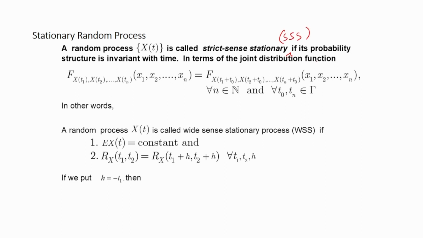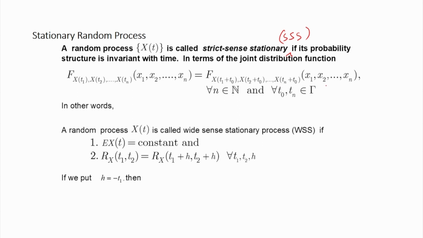If its probability structure is invariant with time. In terms of joint CDF, we can write the joint CDF of random variables x(t1), x(t2) up to x(tn) at a set of points x1, x2 up to xn.